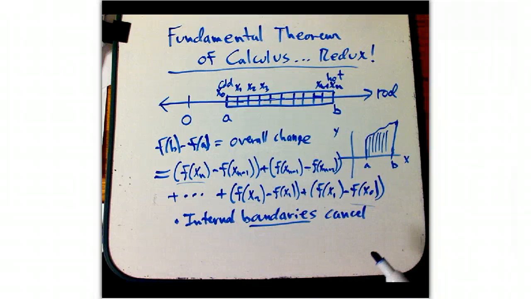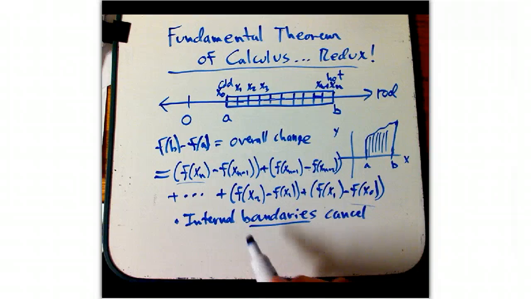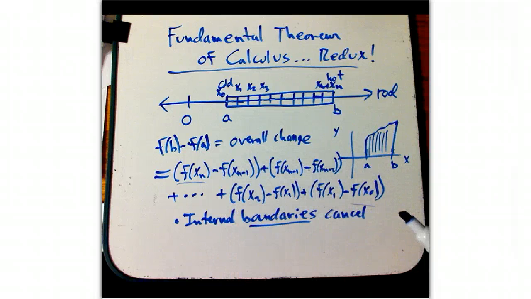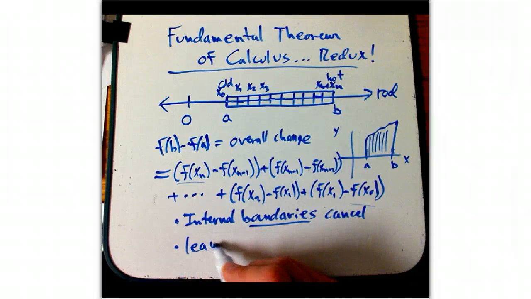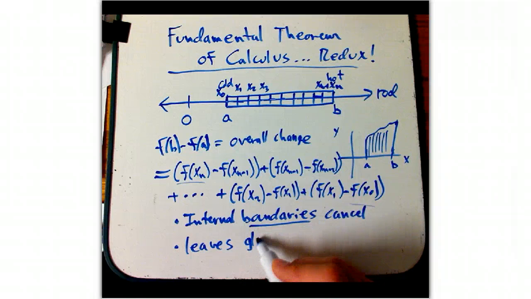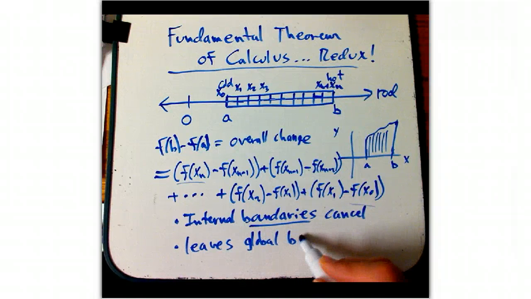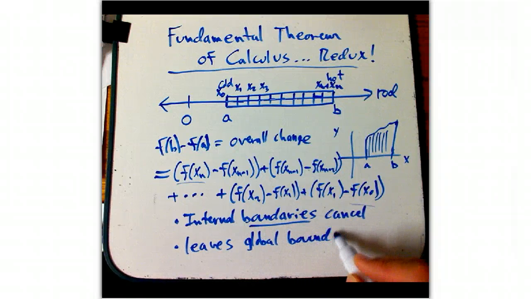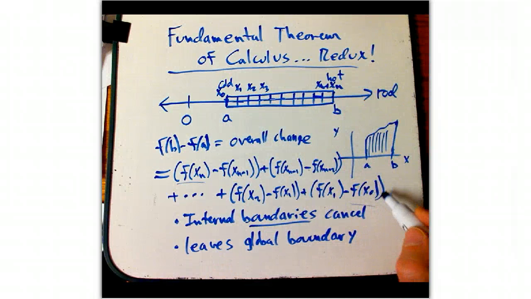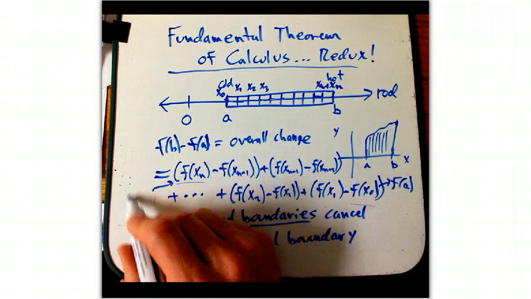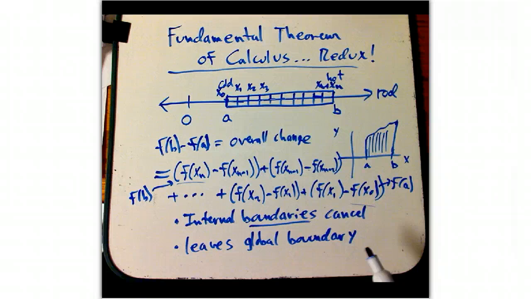And so the contributions from those internal boundaries cancel, and what's left just leaves the global boundary, the boundary of the whole entire region, and that's just A and B. So this is just, of course, f of A, and this is just f of B. It just leaves the global boundary.